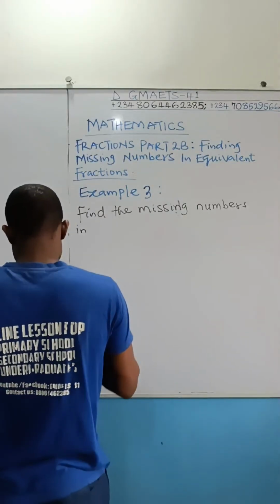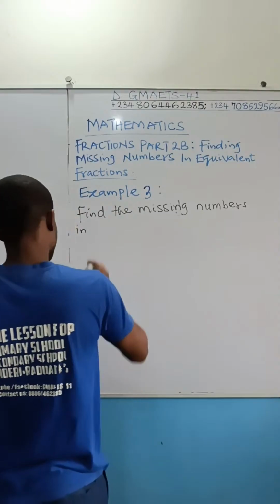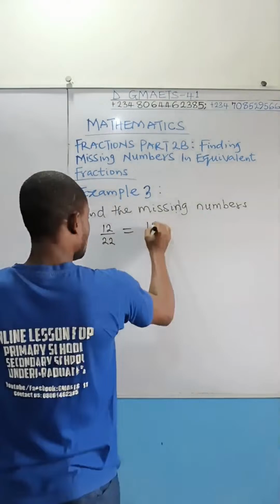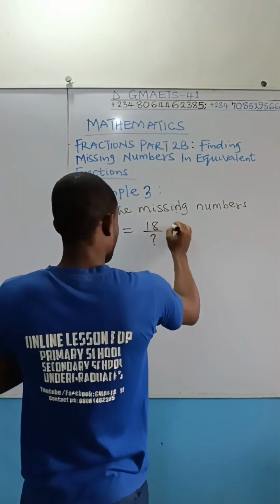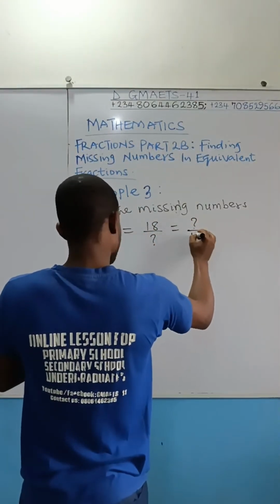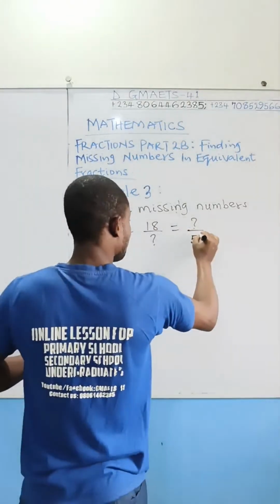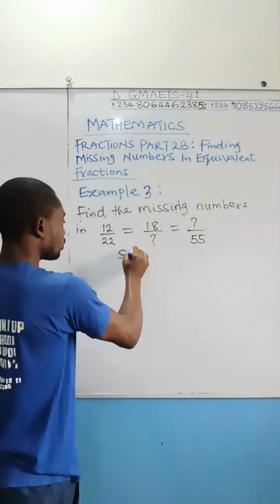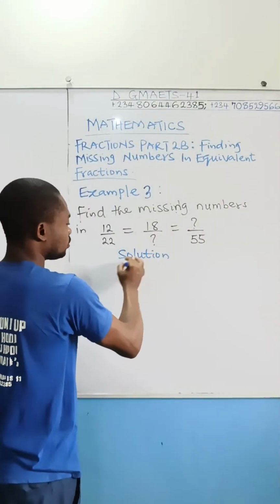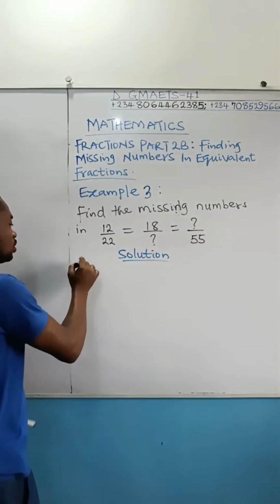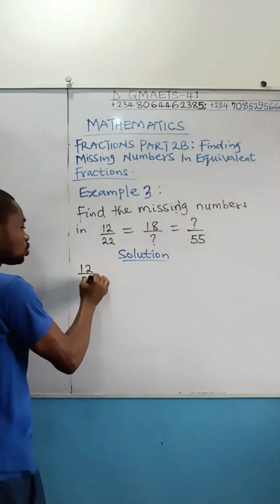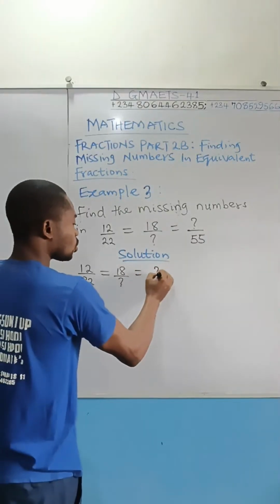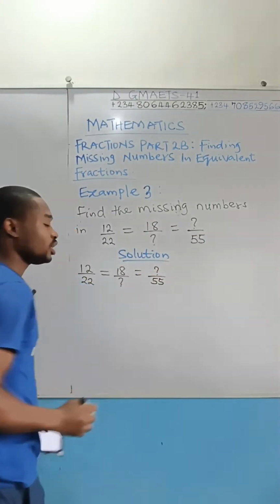Okay, let's have this. 12 over 22 equal to 18 over question mark equal to question mark over 55. Solution. So if you look at this question, we have 12 over 22 equal to 18 over question mark equal to question mark over 55. Good.